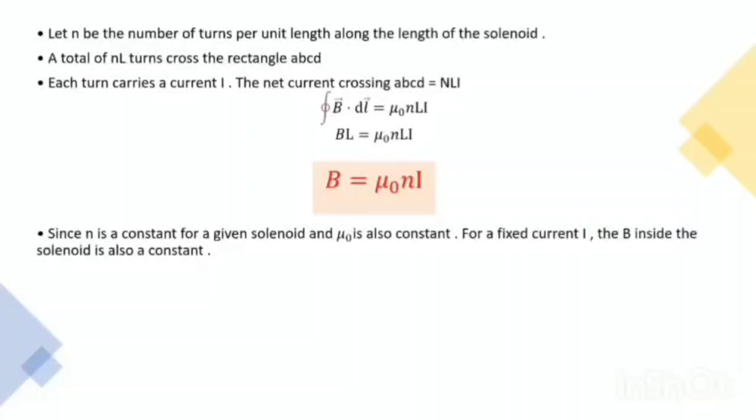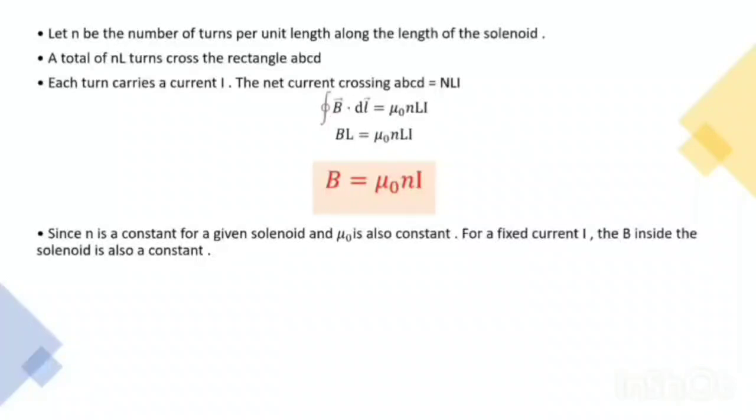On equating the terms on both sides in Ampere's law, that is, the line integral of B vector dot dl vector equals mu naught times nLI. That is, BL is equal to mu naught nLI. L on both sides gets cancelled.